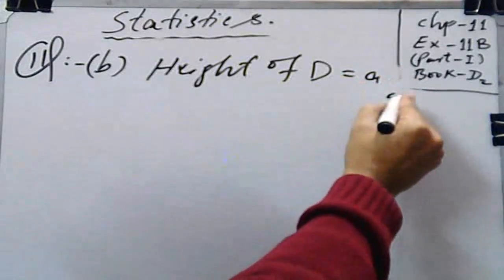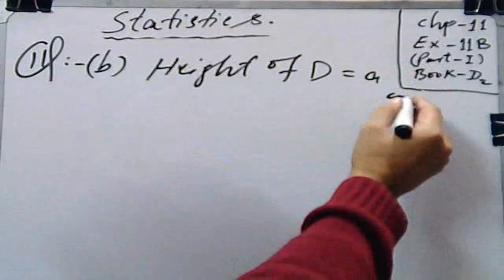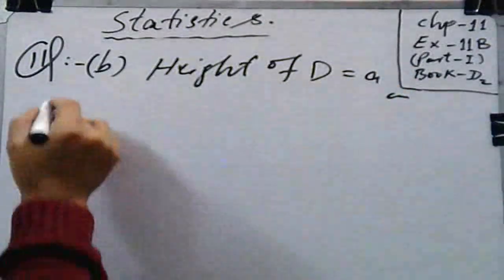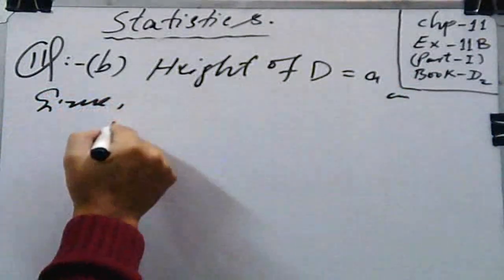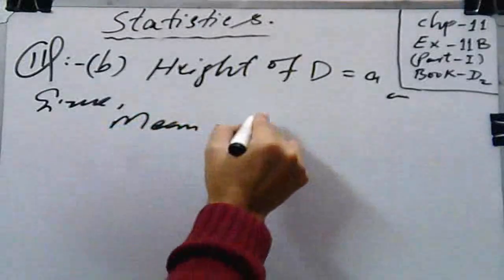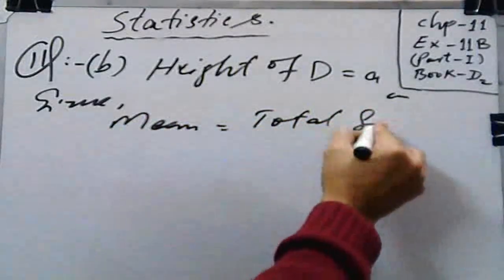Once again by the same methodology, mean is total sum divided by total number.